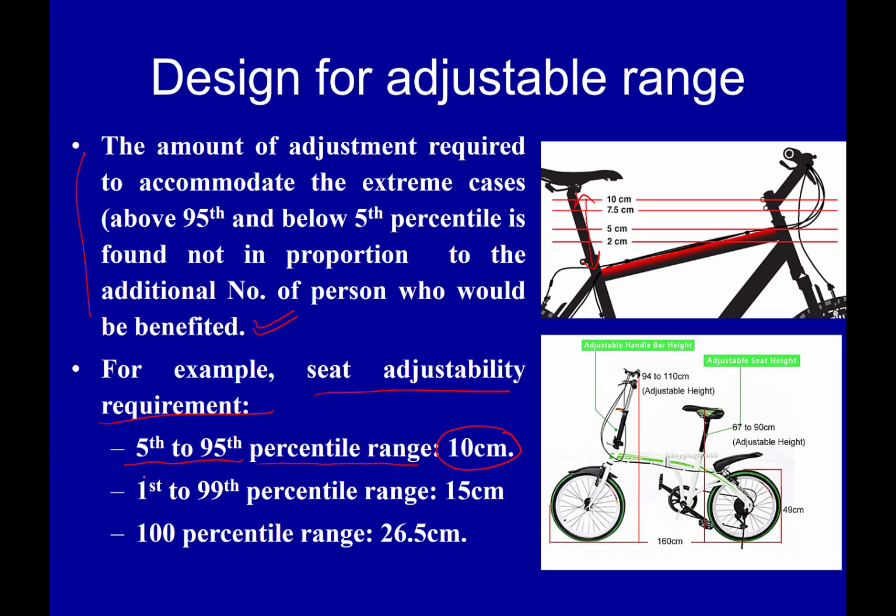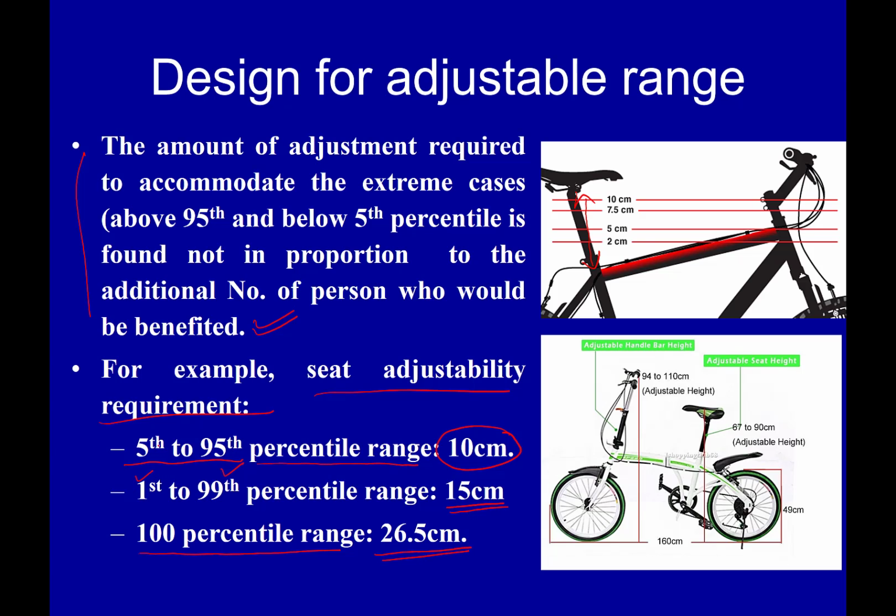If we have to cover the 1st to 99th percentile of the range of the population, then this dimension comes out to be 15 centimeters, and if you want to cover the 100 percentile of the range, this range comes out to be even more.